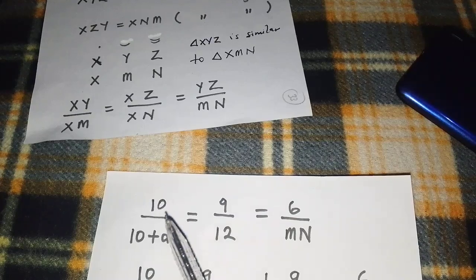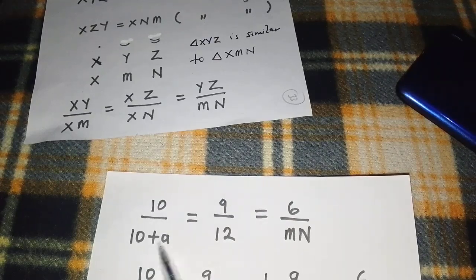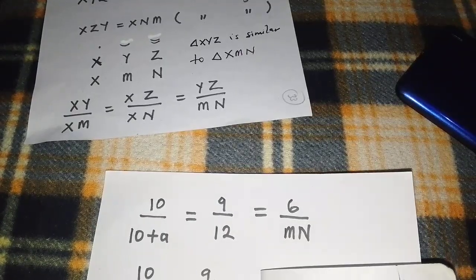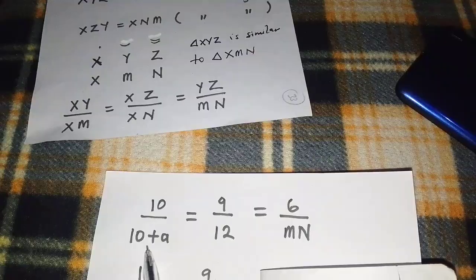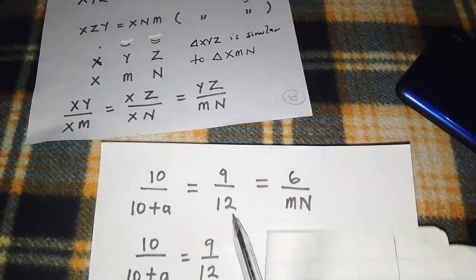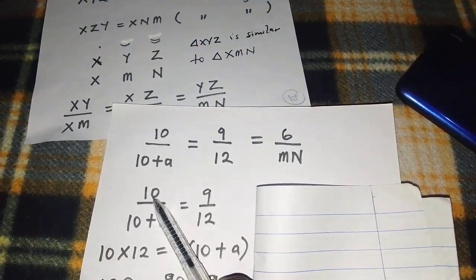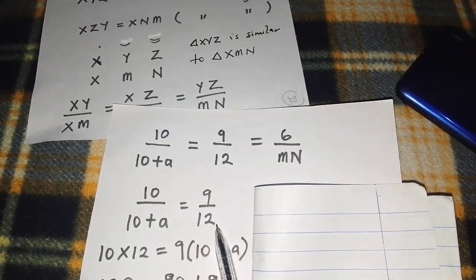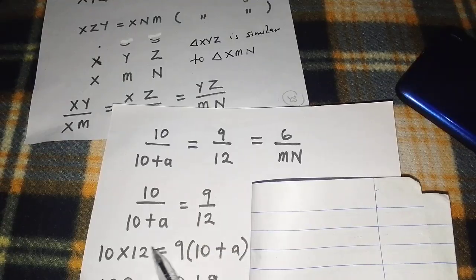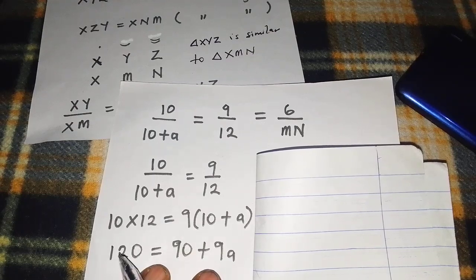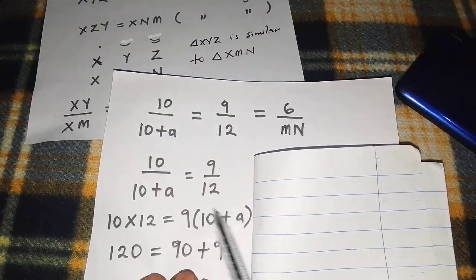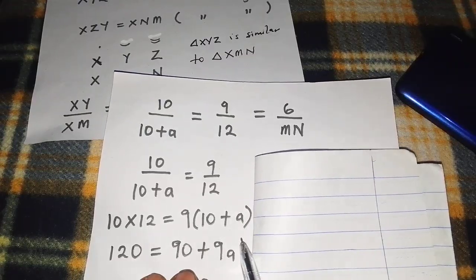To be able to get our YM, which is a, let's first of all combine the ratio: 10 over 10 plus a equals 9 over 12. From here you cross multiply. 10 times 12 is equal to 9 times 10 plus a. If you open the bracket, 10 times 12 gives 120 equals 90 plus 9a.